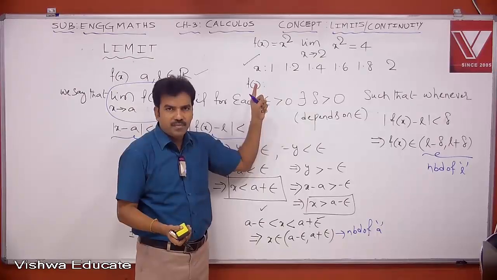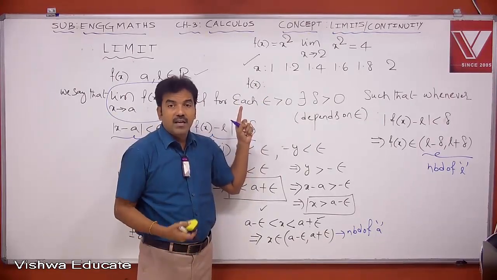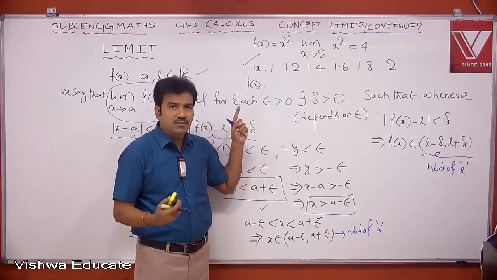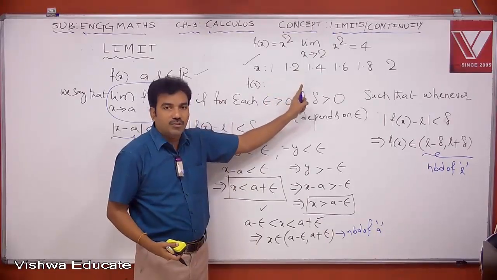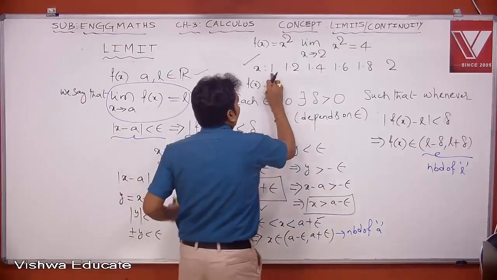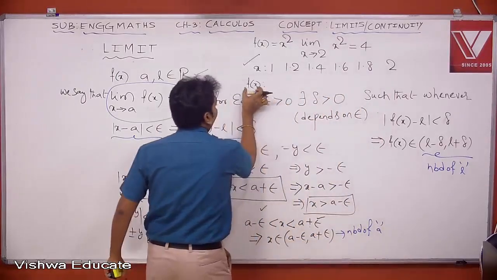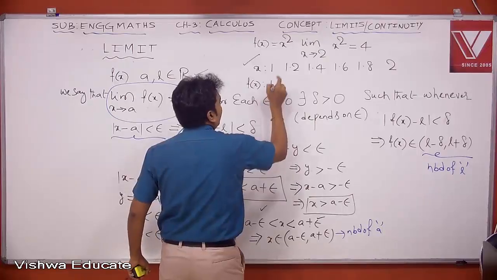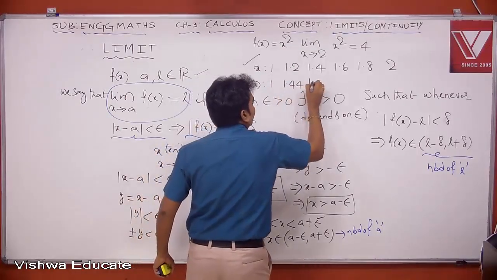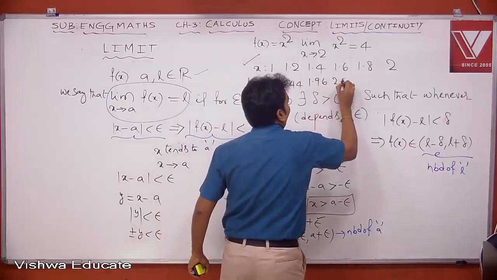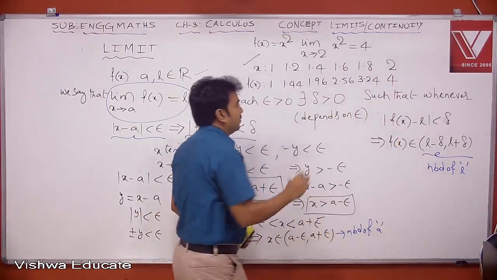You can take epsilon 0.1, 0.75, or 0.12. That is your own choice, but my interest is to take epsilon equal to 0.2. So when x is 1, 1.2, 1.4, 1.6, 1.8, the f of x values will be like this. Since f of x is x square, these are 1, 1.44, 1.96, 2.56, 3.24, and this one is 4.